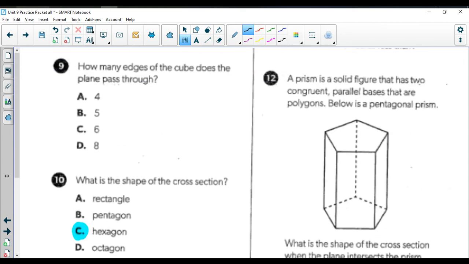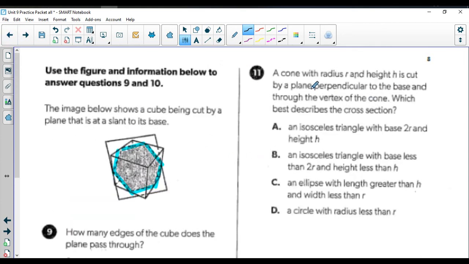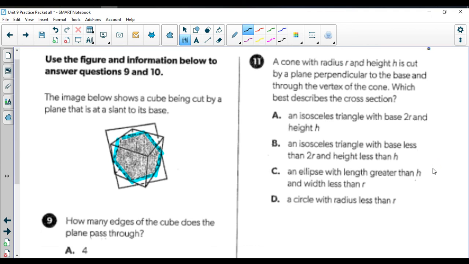For question number 11, which is back here, a cone with a radius of r and height h is cut by a plane perpendicular to the base and through the vertex, which best describes the cross-section. So I'm thinking here, I have my cone and it's going to go up like that, and it's going to get cut straight down, which means that my cross-section is going to end up being a triangle then. So those sides are going to be right there.